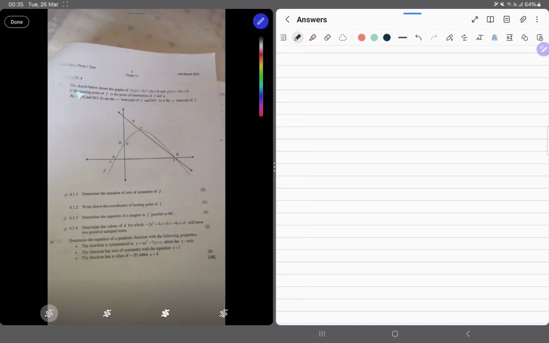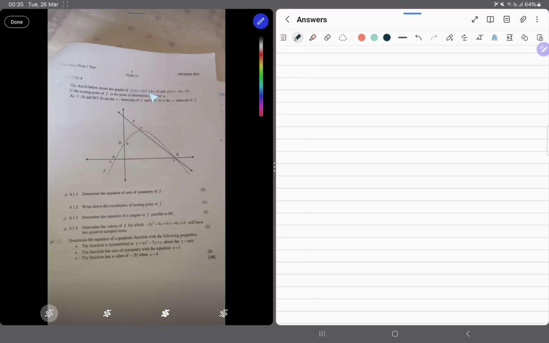Now let's read. Question 4, we are given a sketch below showing the graphs of f of x equals minus 2x squared plus 4x plus 6. Now looking at the coefficient of x squared, it's a negative number, meaning a is less than 0, and that means we expect a grumpy face parabola. Do we see that? Yes, we do. Now let's locate the position of the axis of symmetry.